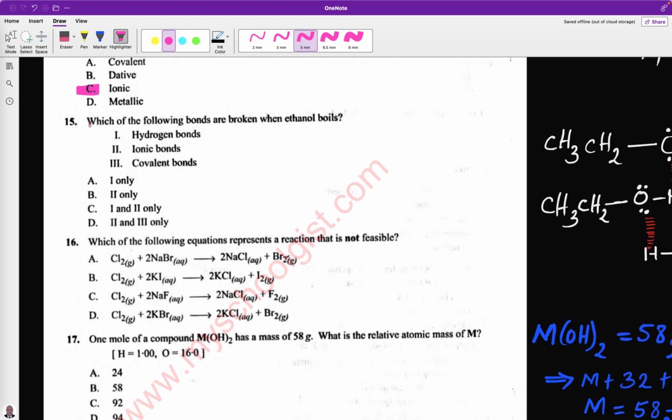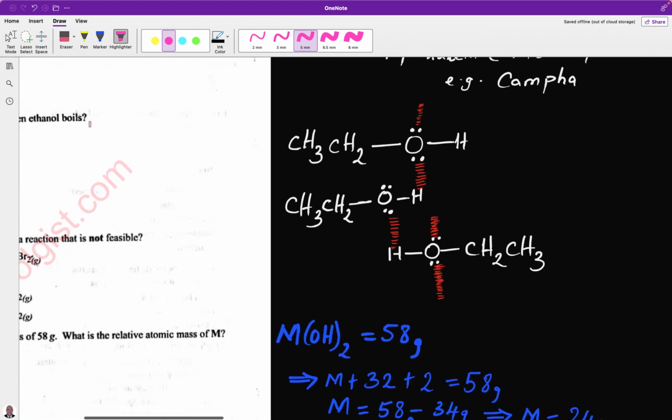Between ethanol, this is the molecule of ethanol, CH3CH2OH. Oxygen, as I said, has two lone pairs of electrons up and down. Now, what is happening here is this. These are all ethanol molecules. And now the bonds between the ethanol molecule is what?